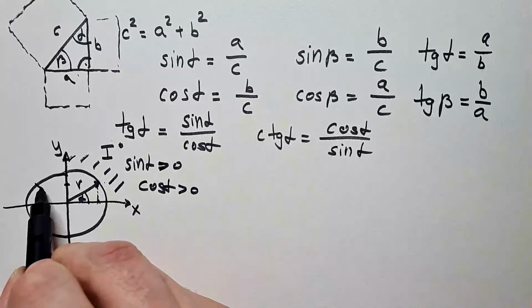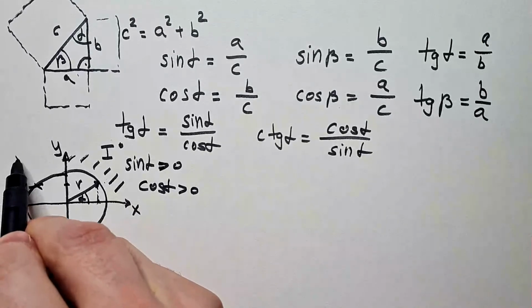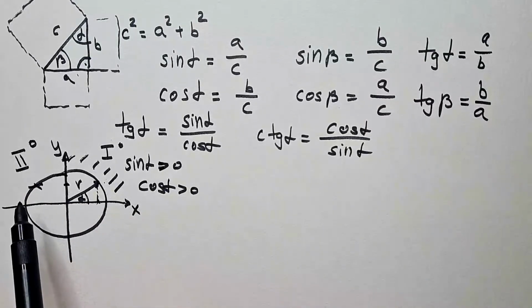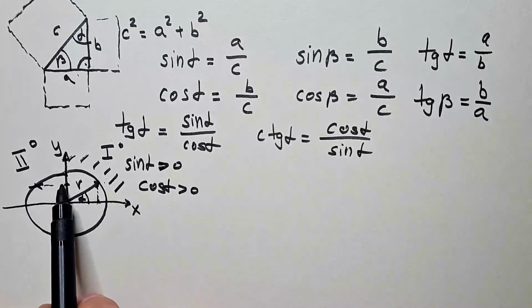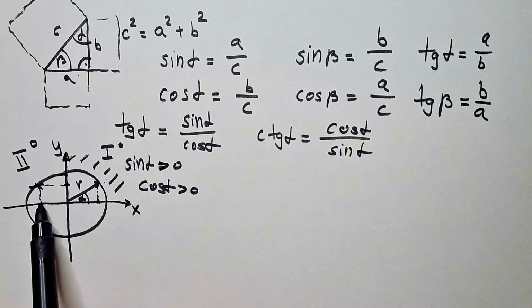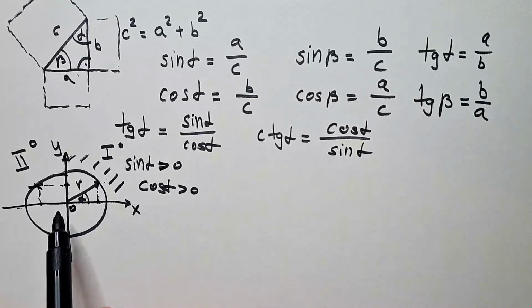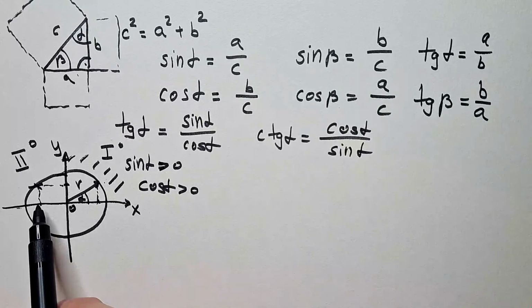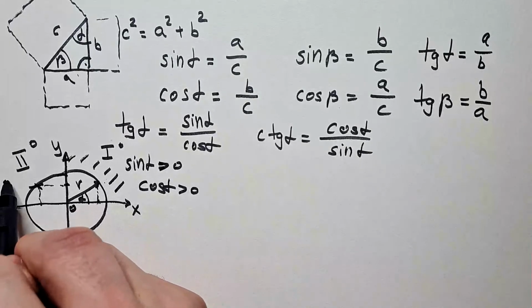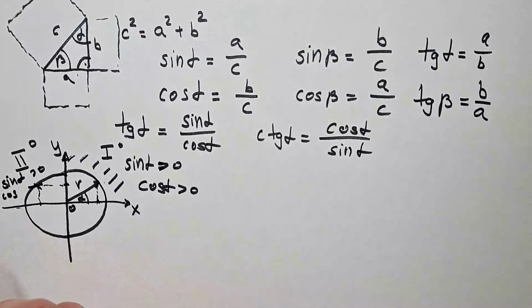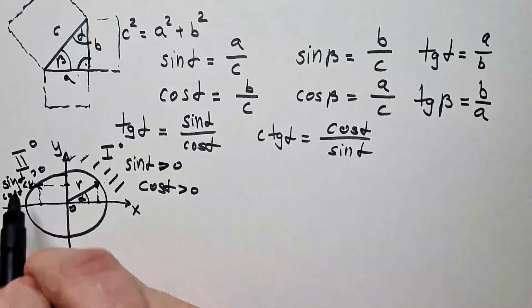Now, if we switch here, and this we call the second quadrant, the projection on the y-axis will be positive, but the projection on the x-axis will be negative, so cosine will be negative here. So sine alpha will be positive, cosine alpha will be negative.